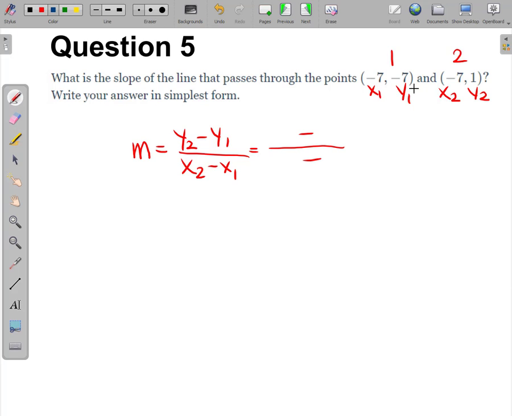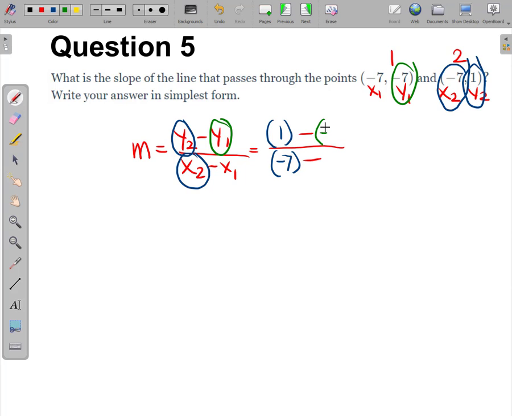I am going to go ahead and use blue for my y sub 2. So in goes 1 into that spot. For my x sub 2, I've got -7. So down goes -7. Switching over to green, my y sub 1 is -7. And then my x sub 1 is -7.